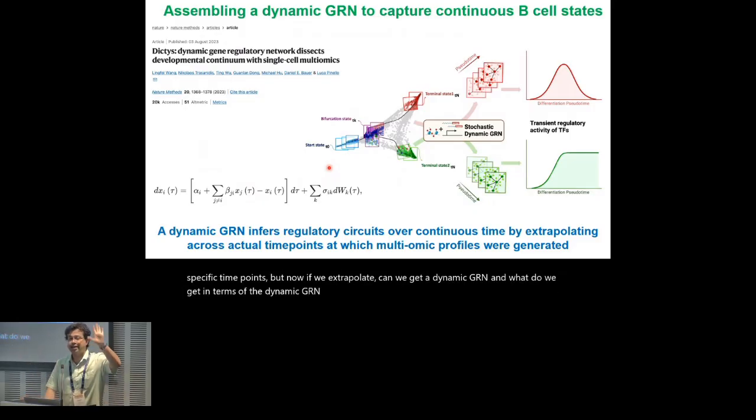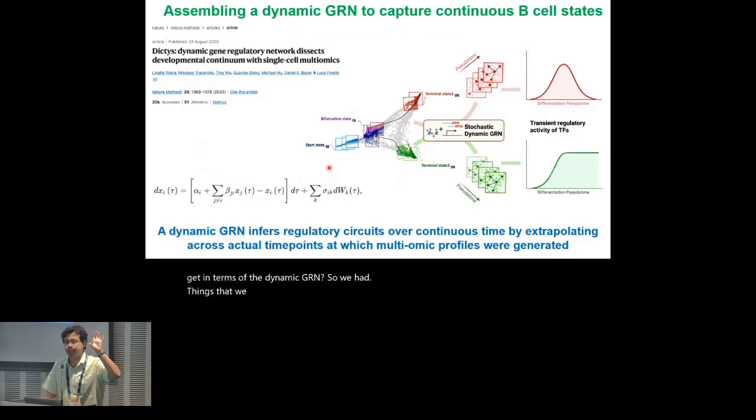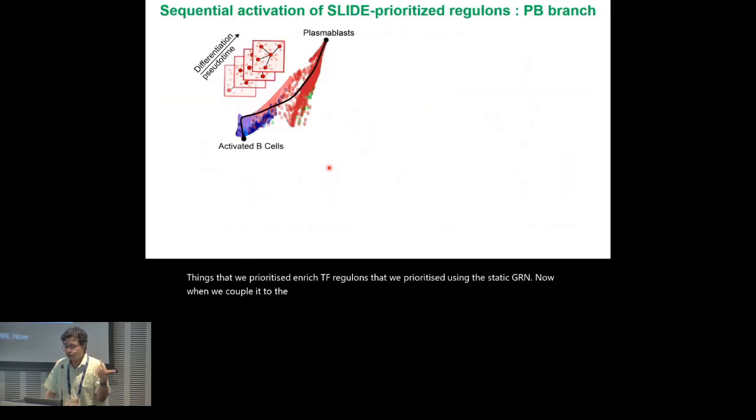So we had enriched TF regulons that we prioritized using the static GRN. Now, when we couple it to the dynamic GRN, what do we see? And we have this for the two primary branches that I talked about, the germinal center branch and the plasmablast branch.